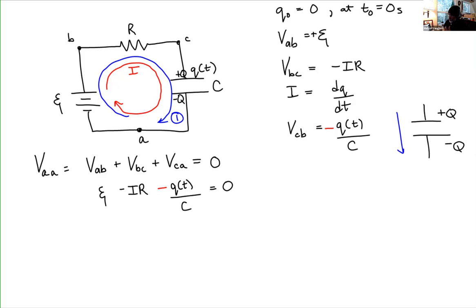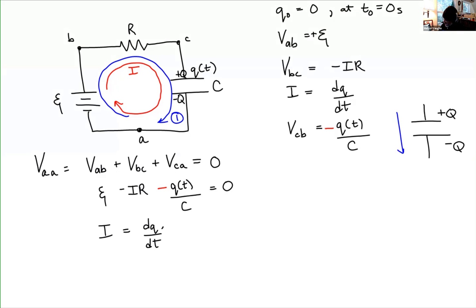Okay, so we now have Kirchhoff's loop law for voltage. Our goal is to figure out how long it'll take our capacitor to charge. It's initially uncharged. This equation indicates charge as a function of time, but there's nothing with time in it directly, unless you go back to the definition of current. Remember, current is the time rate of change of charge.